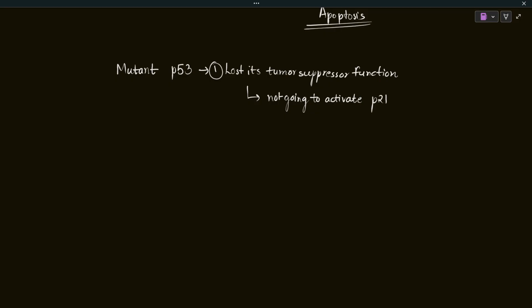Due to inactivation of p21, the cell won't have a chance to repair the DNA damage, and without repairing that damage, it is going to enter into the S phase. Now the DNA replication will happen in the S phase, but whatever double-stranded DNA breaks were there will not be repaired, and whatever mutation or damage was done in the DNA will be carried into the next generation as well, and that is going to lead to genomic instability, which will further lead to cancer.